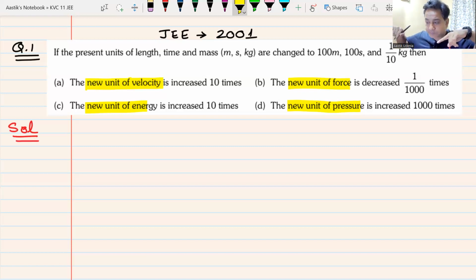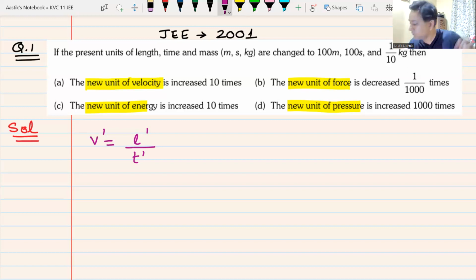Shall I do it now? Okay. So how are you supposed to do this? The new velocity v dash will be equal to l dash divided by t dash. New l is 100 meter divided by new time is 100 seconds.